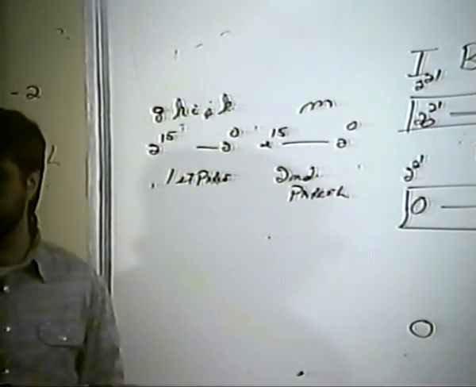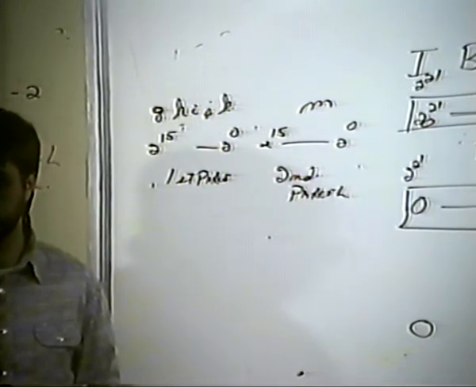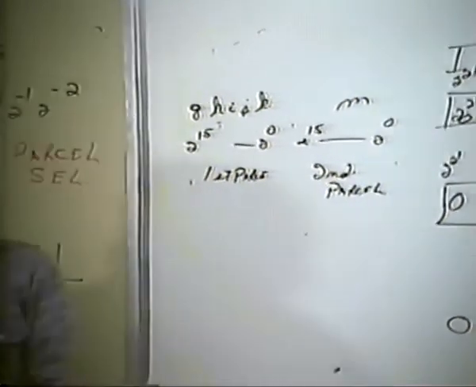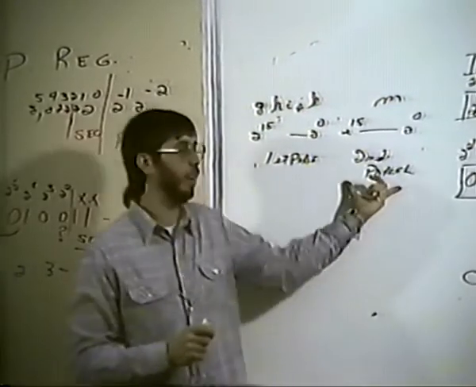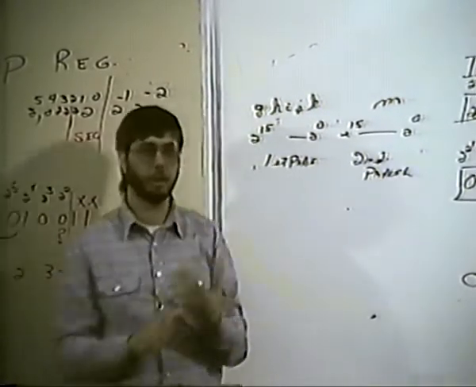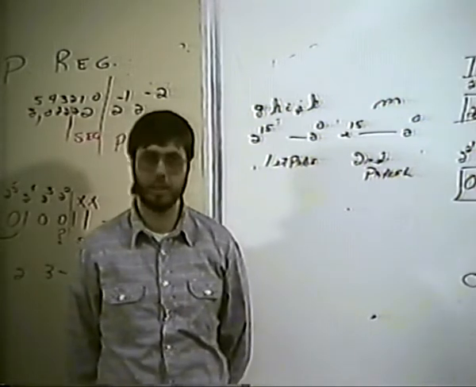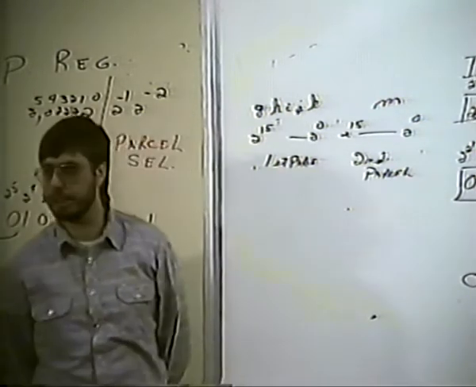The M field of an instruction is generally address or data. So if this instruction is the first parcel of a 2-parcel, what follows in the M field is generally part of the address, or maybe some data that's going somewhere. It's not really operand registers or anything like that.